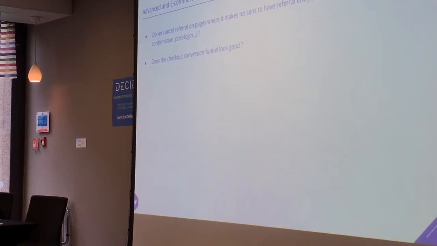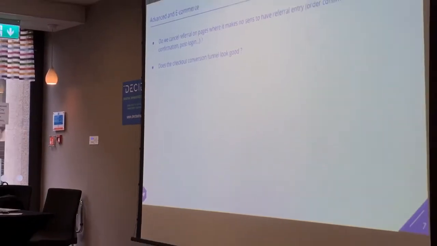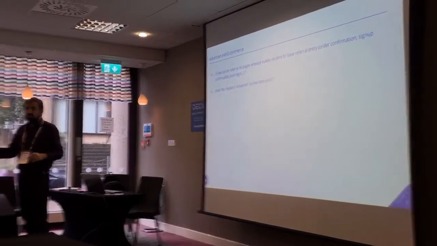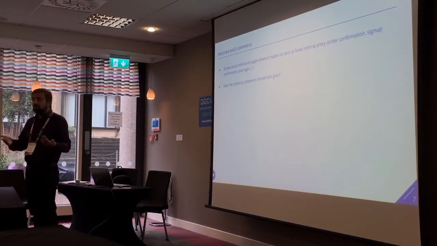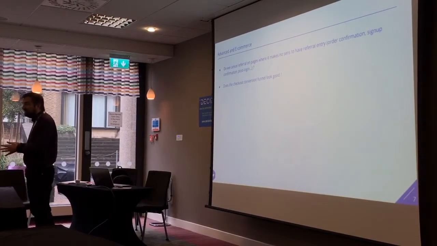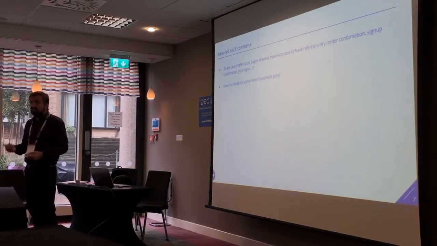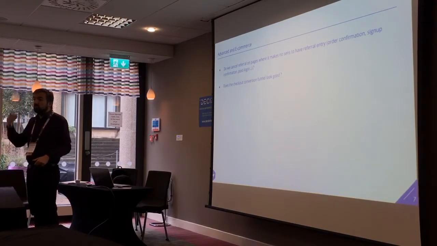The problem is that, for example, if you have international sales, I work with one of the main football clubs in France, and they have sales from all over the world, so they have maybe 100 different banks that can be referral for their order confirmation page. So we cannot just keep track of all the banks and the changes of the domains and everything.